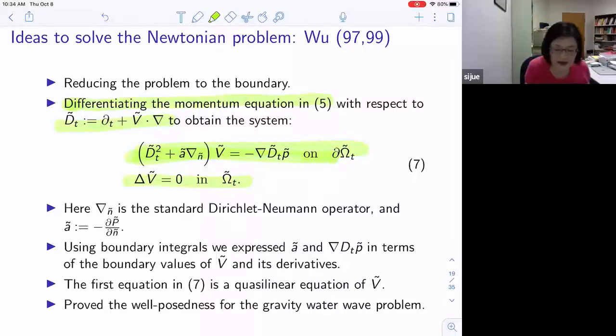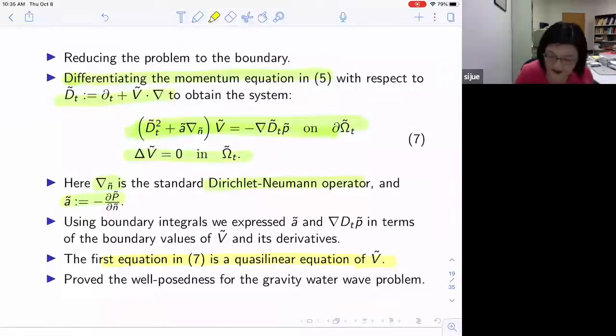Here the gradient is the Dirichlet-to-Neumann operator, and A is negative dp/dn, that's the commutator, okay. What we did is just using boundary integrals. What's most important is that the first equation is quasi-linear, and not only that, it's also of hyperbolic type.